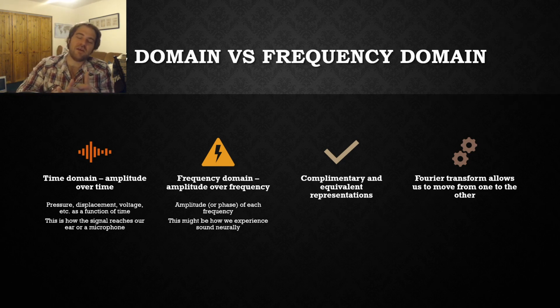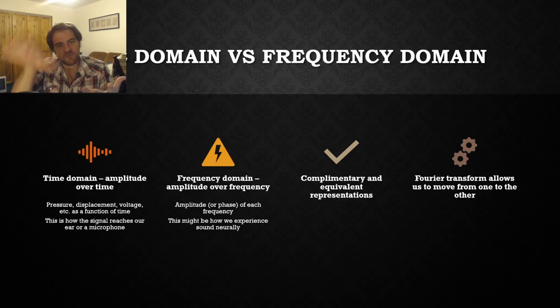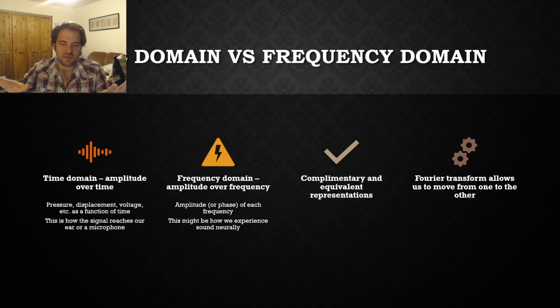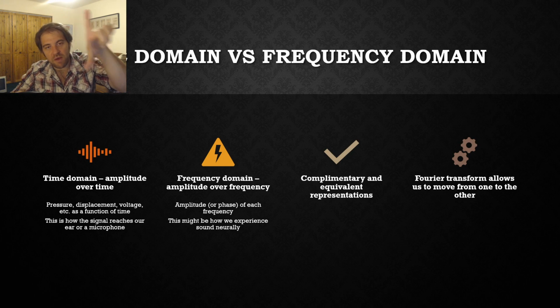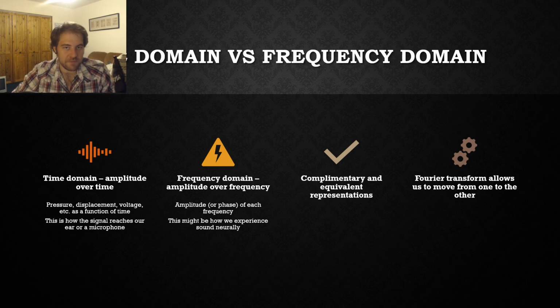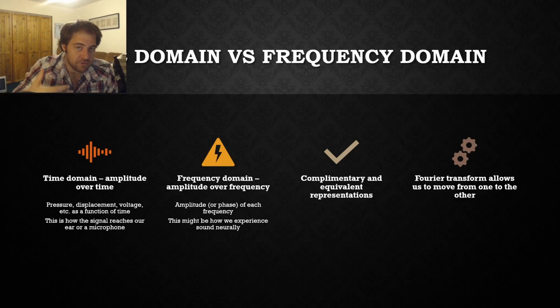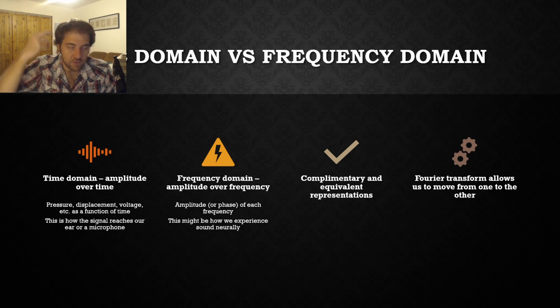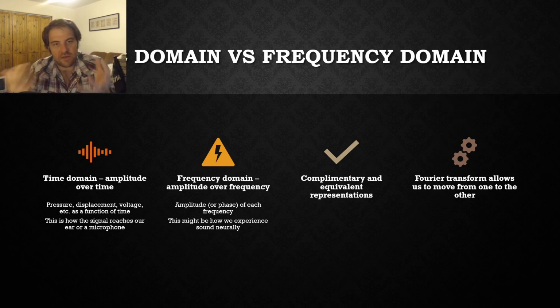Frequency domain is looking at amplitude and frequency. So time is not something that exists in this graph at all. What we're looking at is frequencies and how powerful those frequencies are. And this could be more akin to how we actually experience sound neurally or perceptually. How do we actually experience sound?